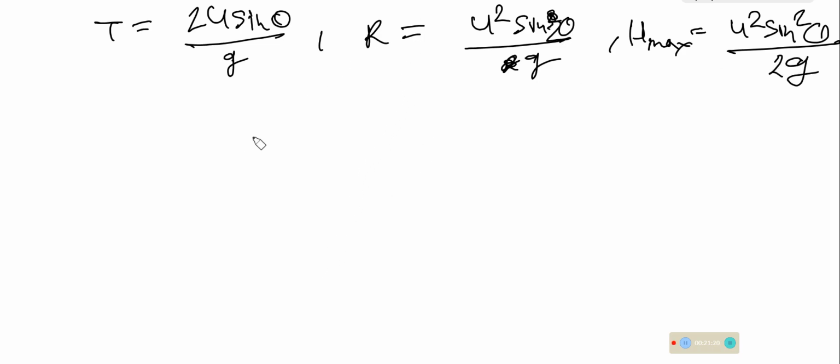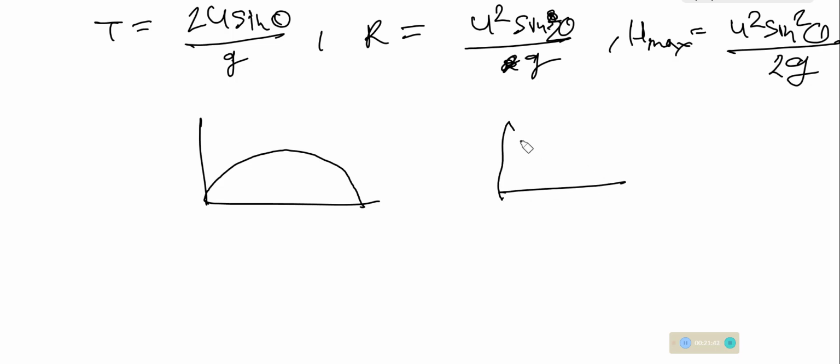So this is for this projectile motion. Here the point of projection and the point of collision lie at the same level, but projectile motion is also of another type, when we project a particle or object from height h from the ground.